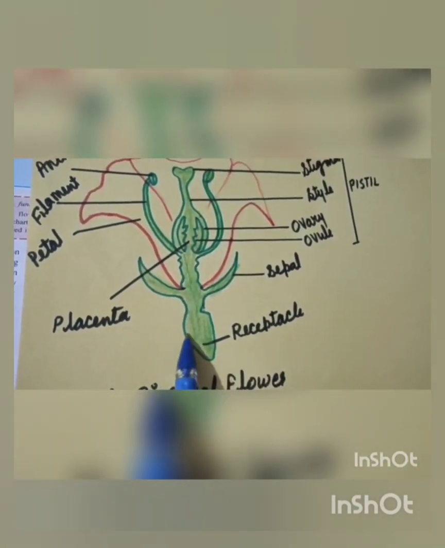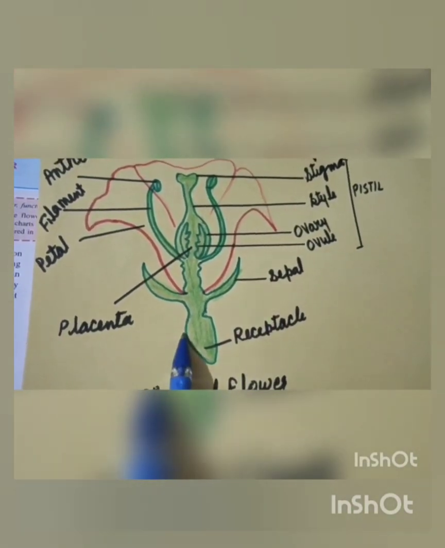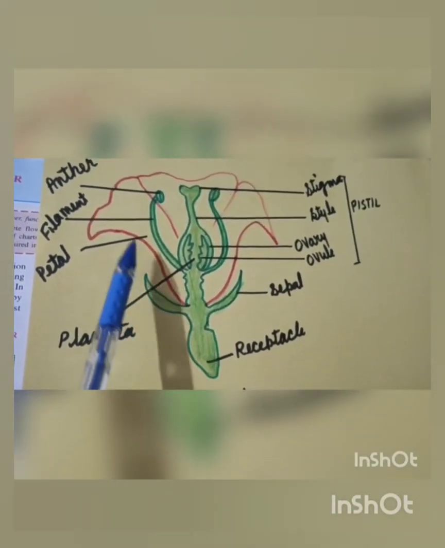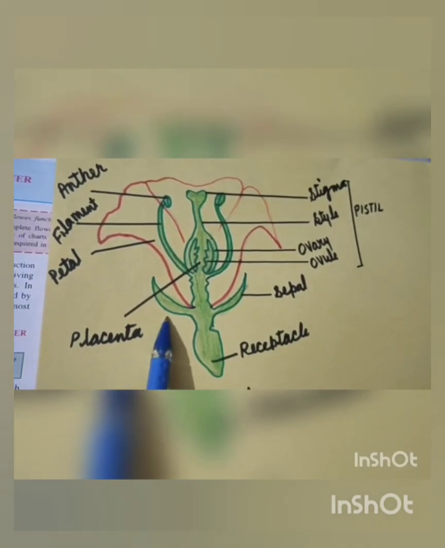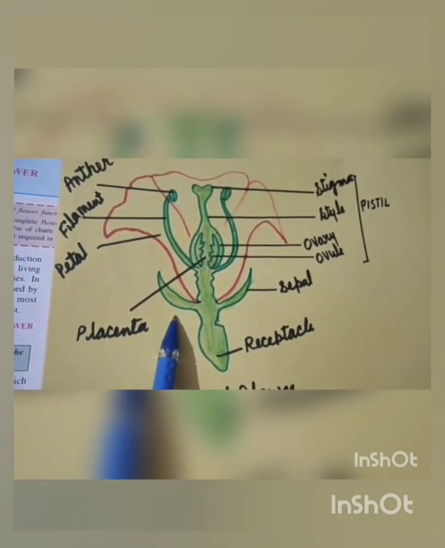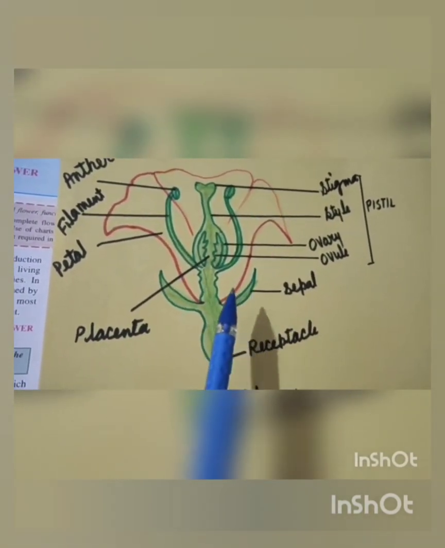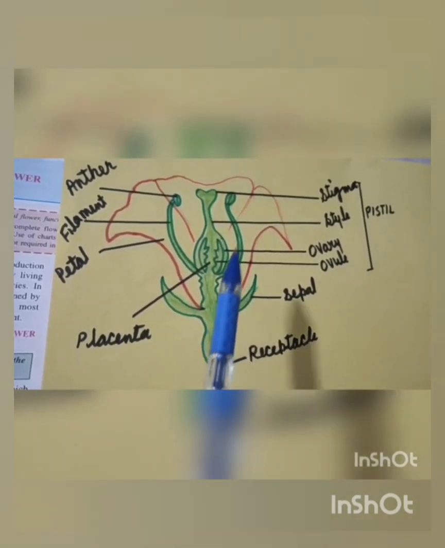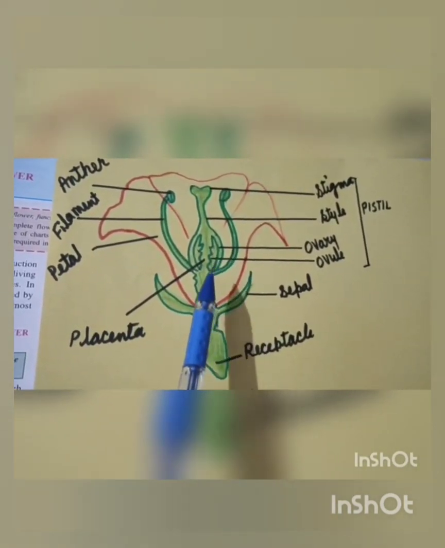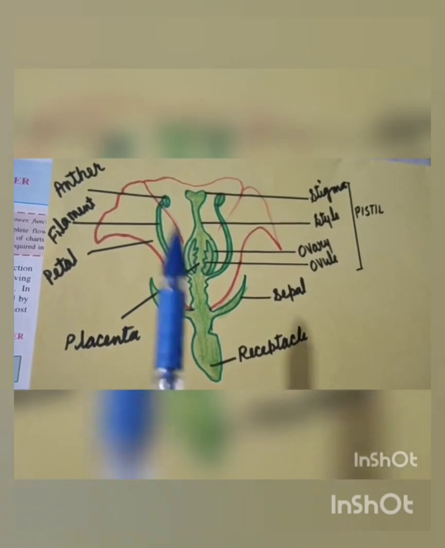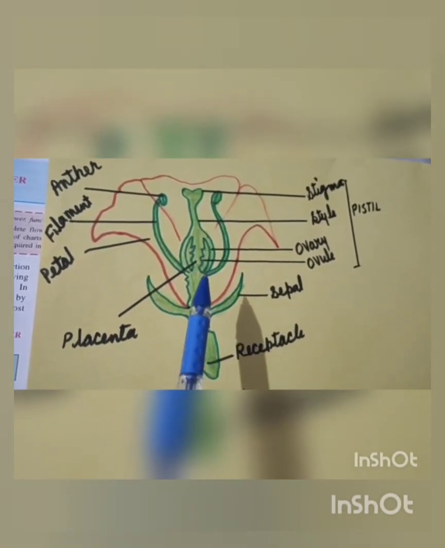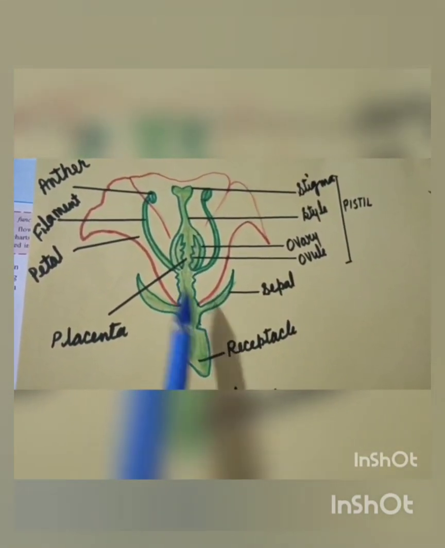You see receptacle, and receptacle is a part of a stem to which all floral structures are attached. A basic flower has 4 floral parts: first whorl, second whorl, third whorl, and fourth whorl.